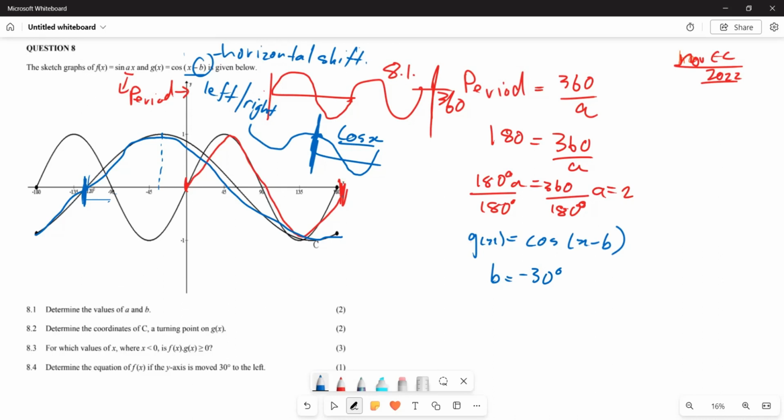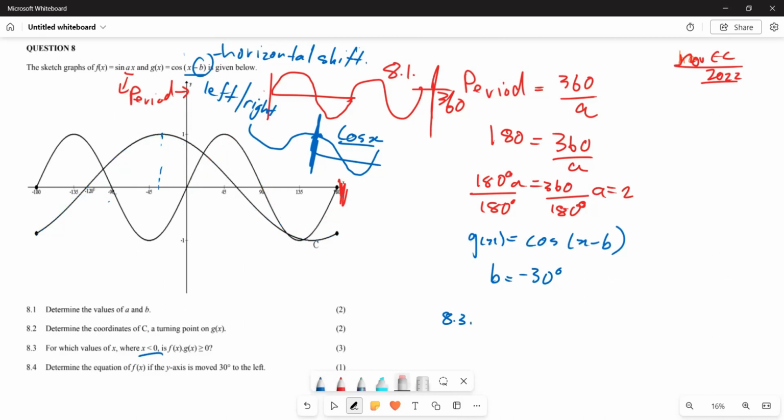And now for your 8.3, they say for which values of x, where x is less than 0, right? So this one is important.